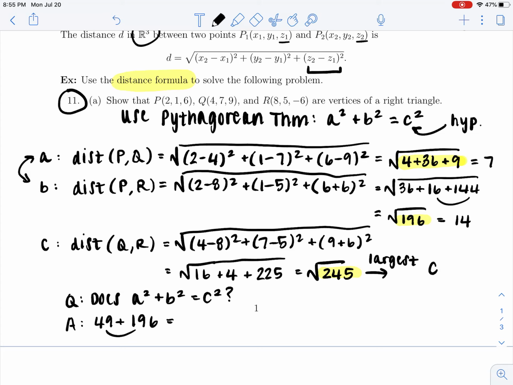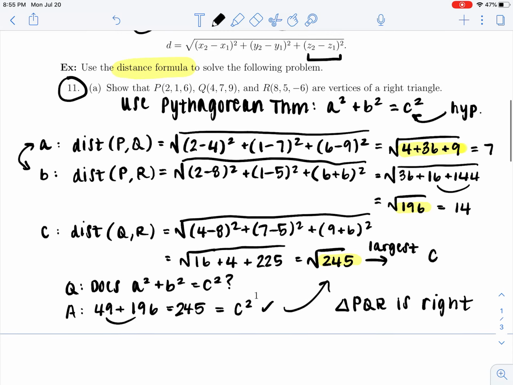And those add together to be 5 carry the 1, 14 carry the 1, 245, which is in fact C squared. All right, so we are in business. We know that triangle PQR is right, and that's because we just showed that it satisfied the Pythagorean theorem.